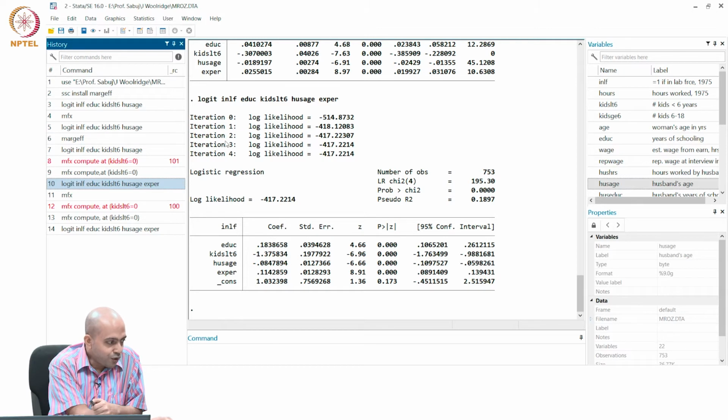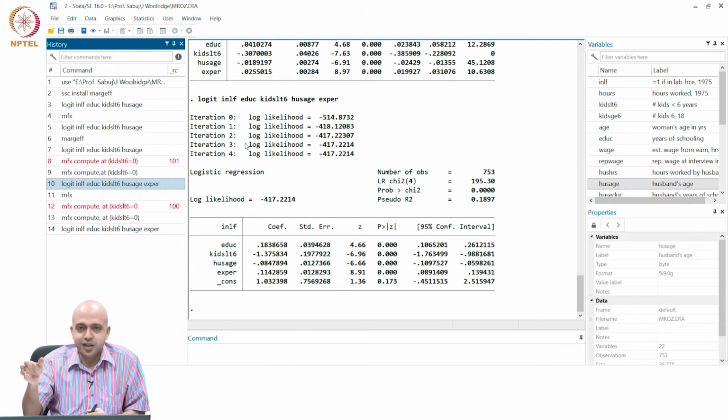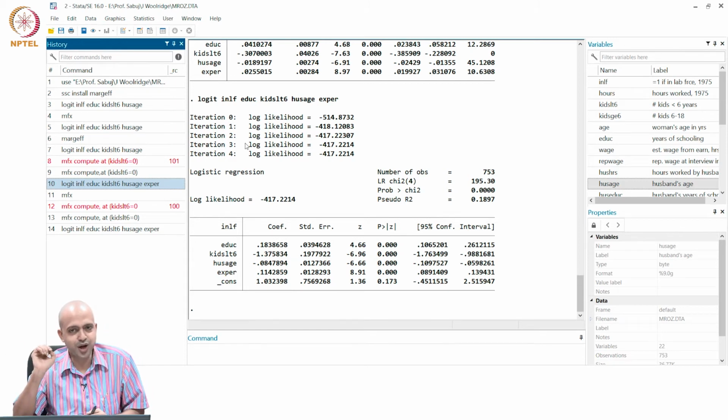So, out of these 5 levels of iteration and 5 log likelihood values, something represents your RSS, something represents your TSS, and we need to identify which one is my TSS and which is my RSS.